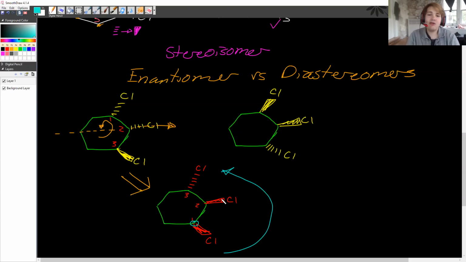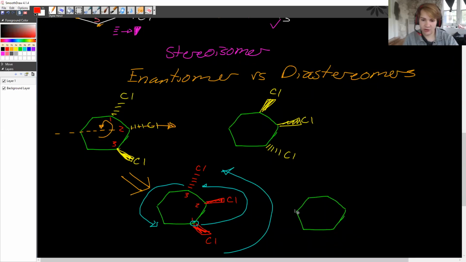It would never rotate that way, because if this rotates this way, then this is going to rotate to there. So if I tried rotating it, I'd have carbons 1, 2, and 3 in that regard. They'll never line up.